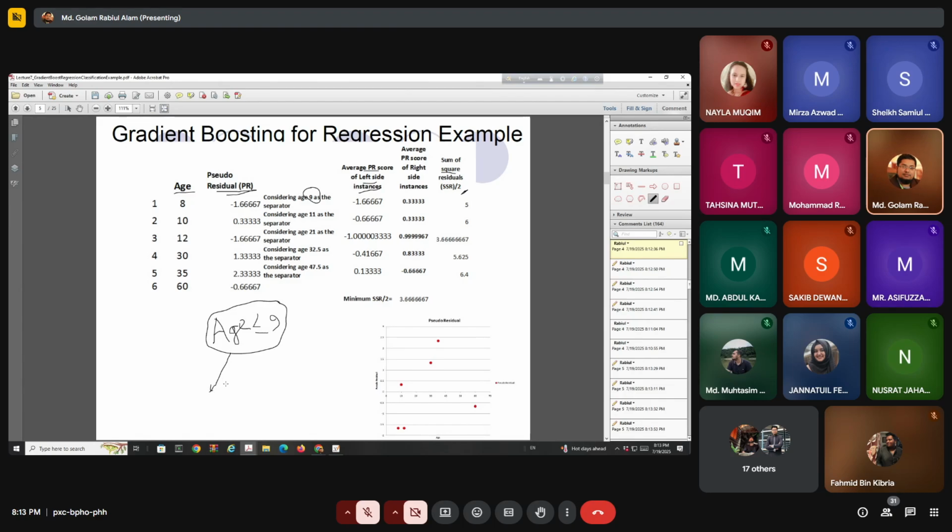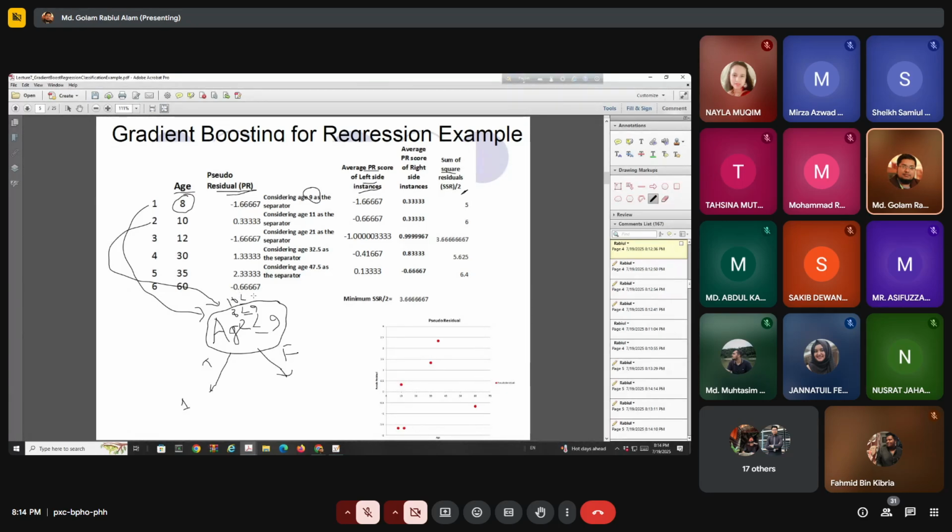then we have to pass each and every instance. The first one, age is 8. 8 less than 9, is it true? Yes, it is true. So we place observation 1 on the left side, the true side. Then pass 2: 10 less than 9, is it true?